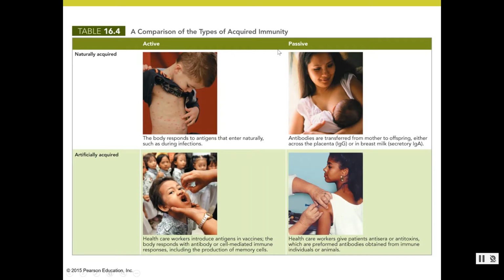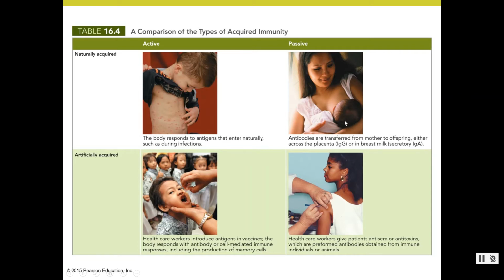Naturally acquired passive immunity, an example of that is a mother breastfeeding her child. So the mom came in contact with a pathogen, the mom made the antibodies, and then they were passed to the baby by natural means, so naturally acquired, but the baby didn't make the antibodies.